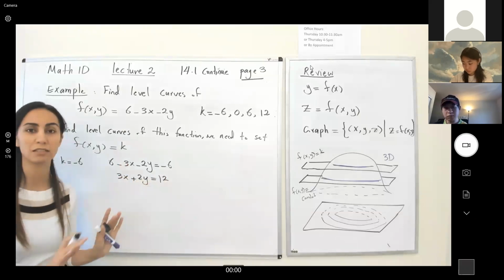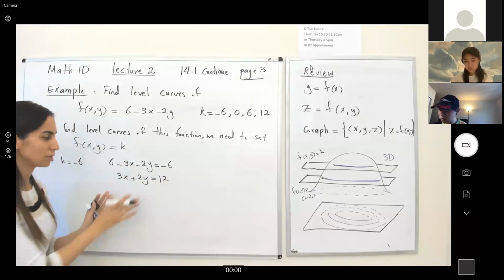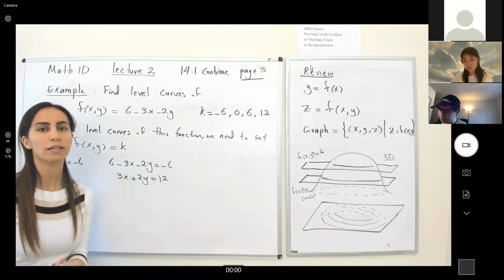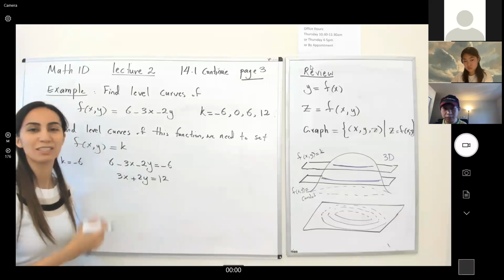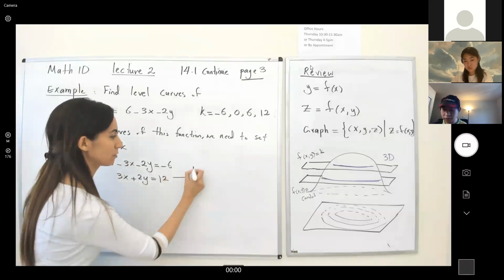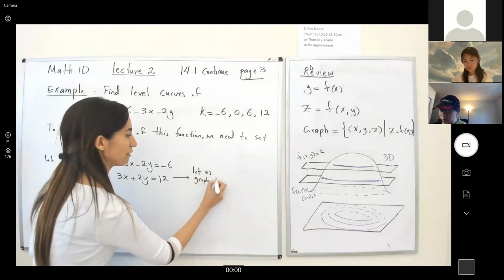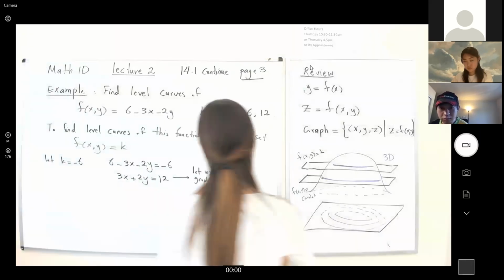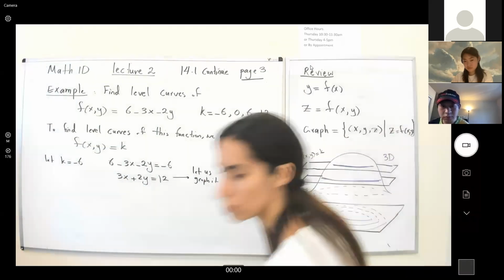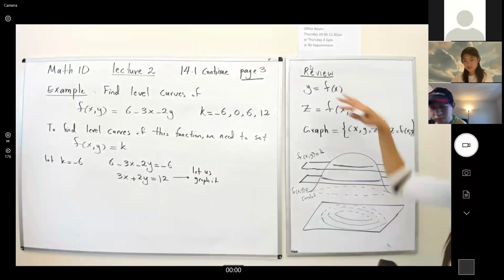You can leave it as it is. You don't have to solve it because it's just a line and you can easily graph it. Let us graph it. Okay, I think I need more space. I'm going to erase this part of the board.